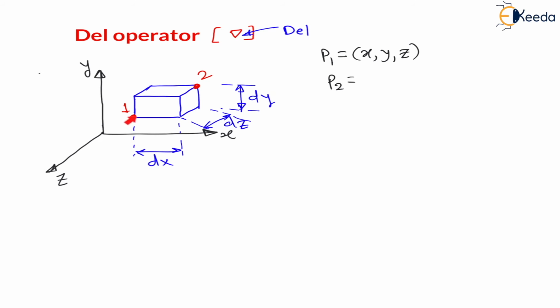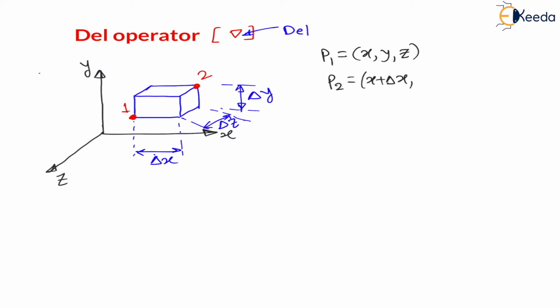This x plus dx. Therefore, the x coordinate is x plus dx, or del x. We can write del x also. Here if I write del x, del y and del z, change in x, change in y, change in z, right? Therefore, this will become x plus del x. This is the x coordinate. What is the y coordinate? This is y plus del y.